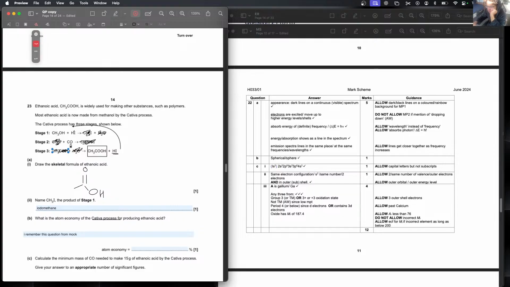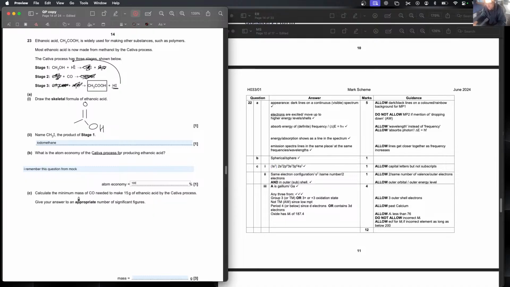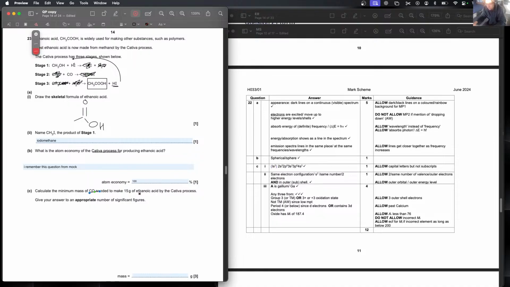It's got 2 carbons, 2 carbons, 2 oxygens, 2 oxygens, 4 hydrogens, 5, 5. Yeah, so it's literally 100%. Calculate the minimum gas or CO needed to make.